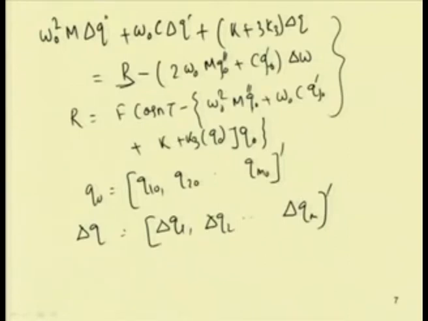In this second step, we will use a Fourier series, or the harmonic balance method. In the harmonic balance method, we can write this q j 0 in terms of the Fourier series.